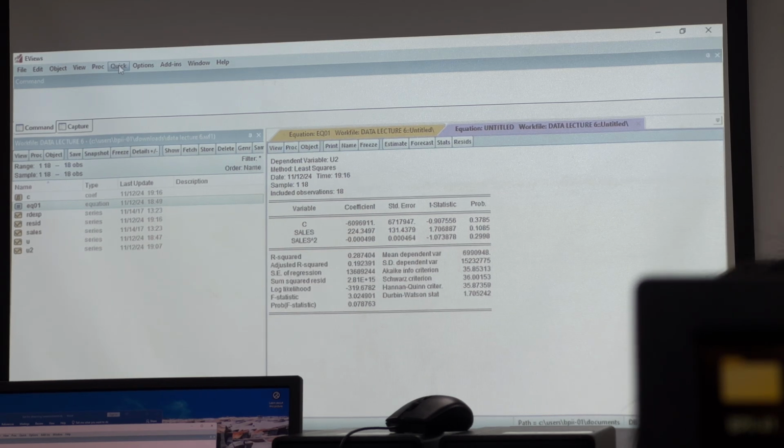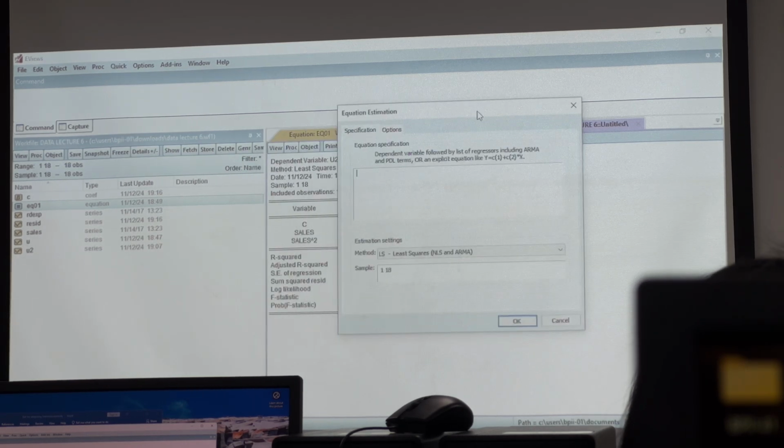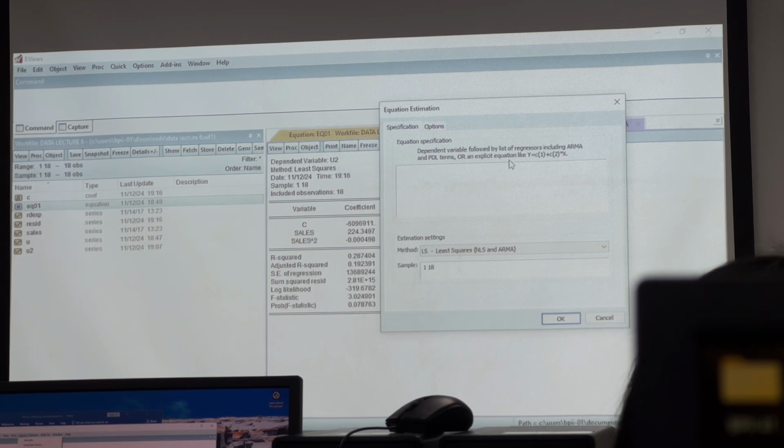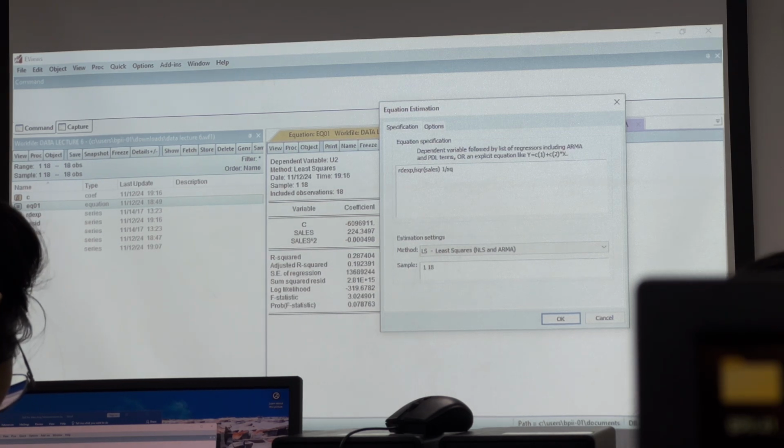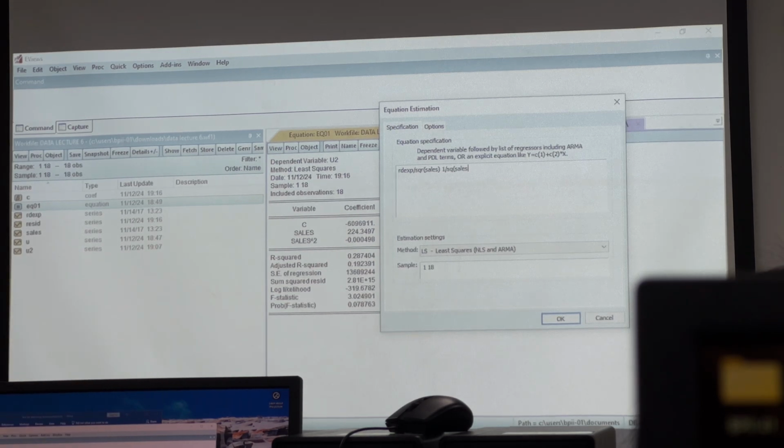You go to quick estimate equation. So you estimate the transformed equation, that is the R&D expenditure divided by the square root of the sales, square root just SQR. And then the original C now becomes 1 over square root of sales, SQR.